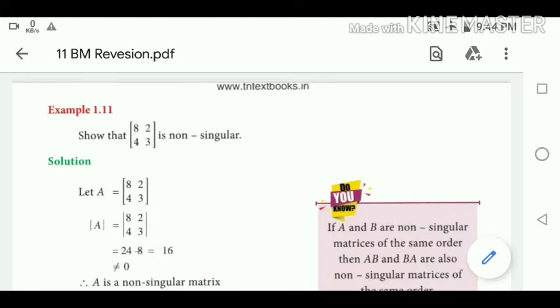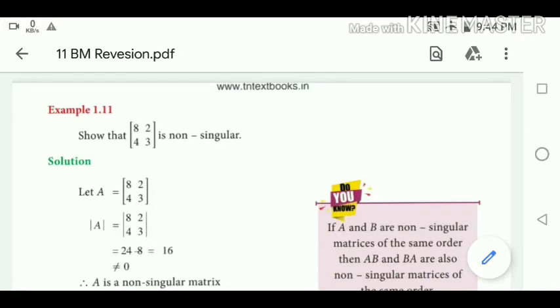You already know how to find the determinant by cross multiplying the main diagonal and the other diagonal, and then subtracting. The main diagonal is 8 and 3. 8 threes are 24, 4 twos are 8. If you subtract it, you get 16.